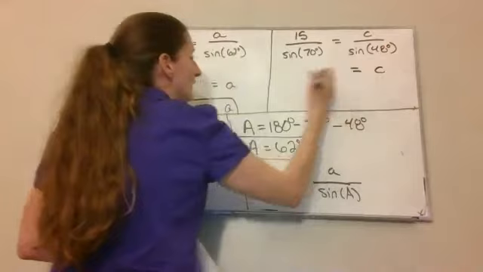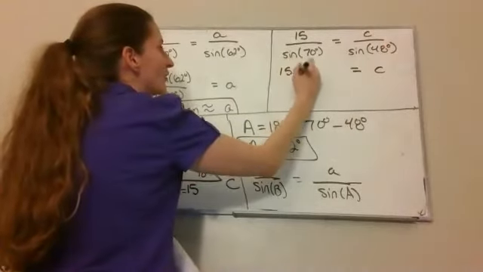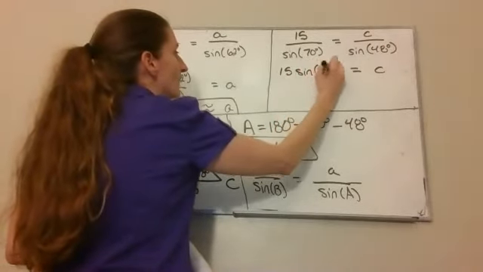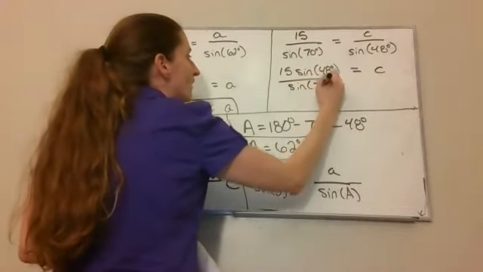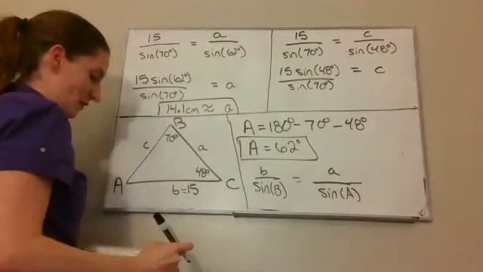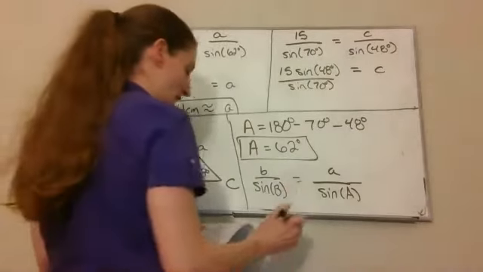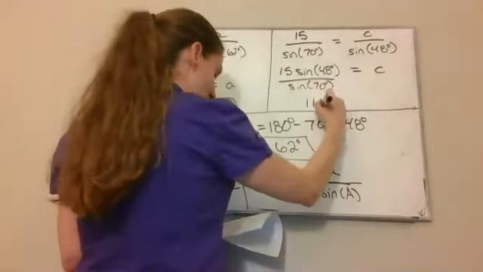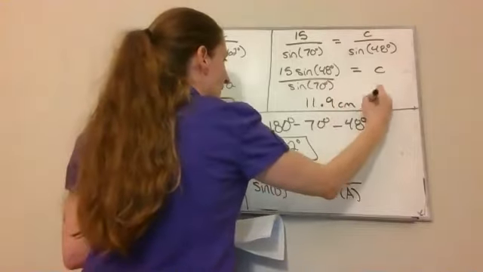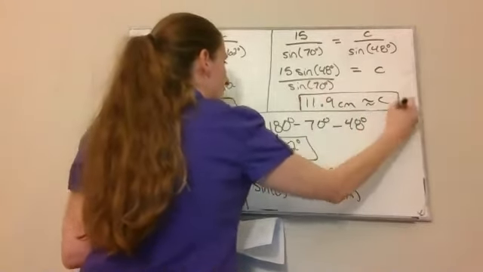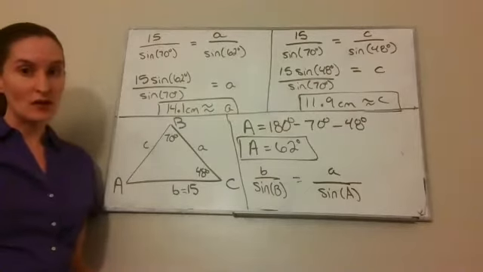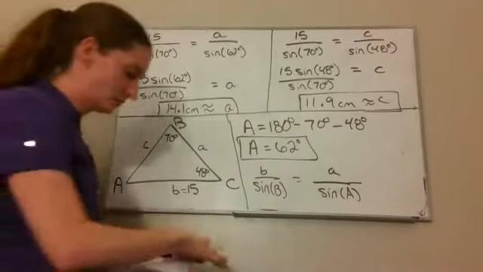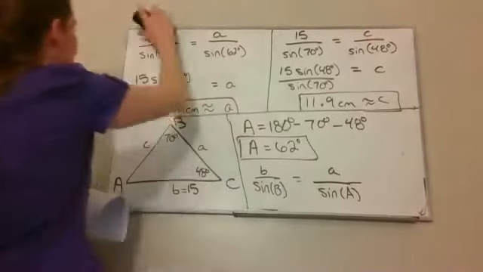This tells me that side c is equal to 15 times sine of 48 degrees divided by sine of 70 degrees. Typing that into my calculator and rounding to one decimal place, I get 11.9 centimeters is approximately equal to my side c. And now we found everything we needed to finish solving the triangle. Let's do another example.